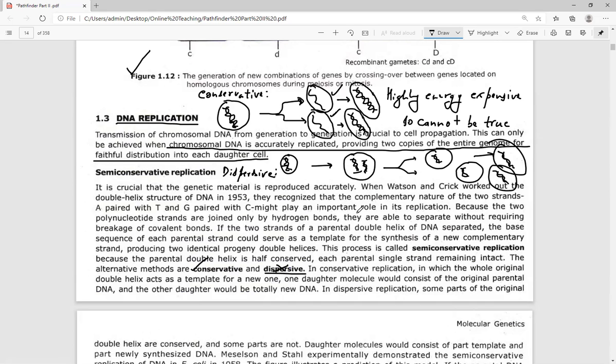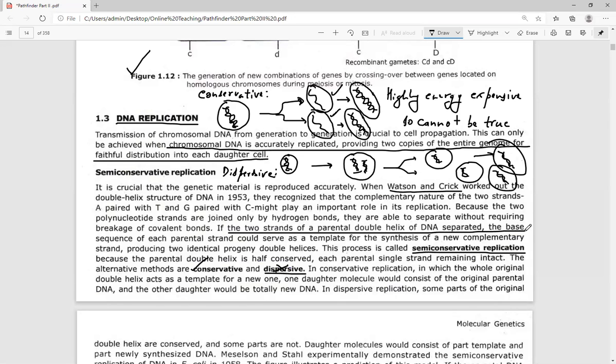Okay, the next method that was explained by Watson and Crick and ultimately proved by Meselson and Stahl is referred to as the semi-conservative model of DNA replication. According to this model, the two strands of a double helix DNA molecule have anti-parallel nature.